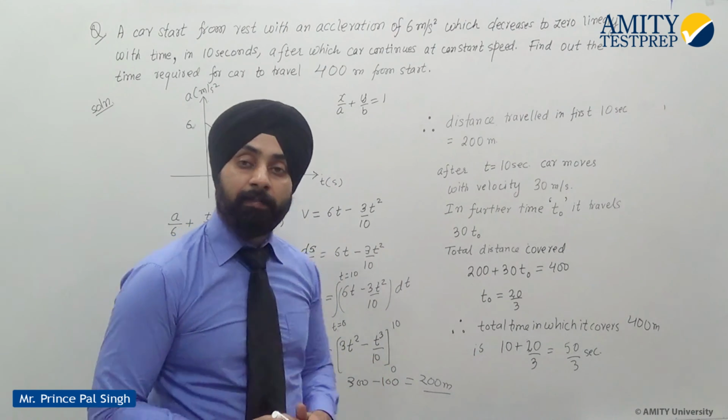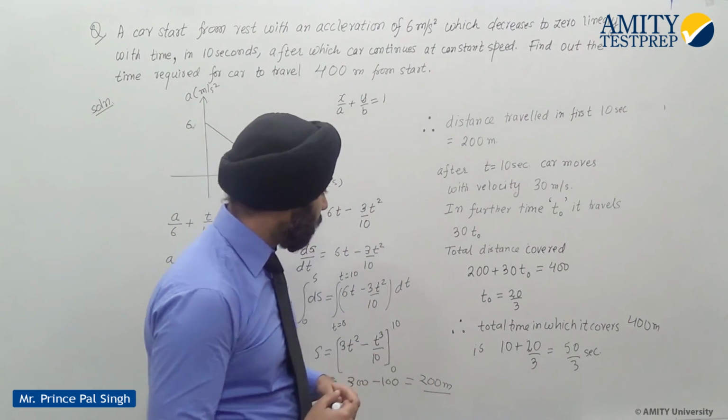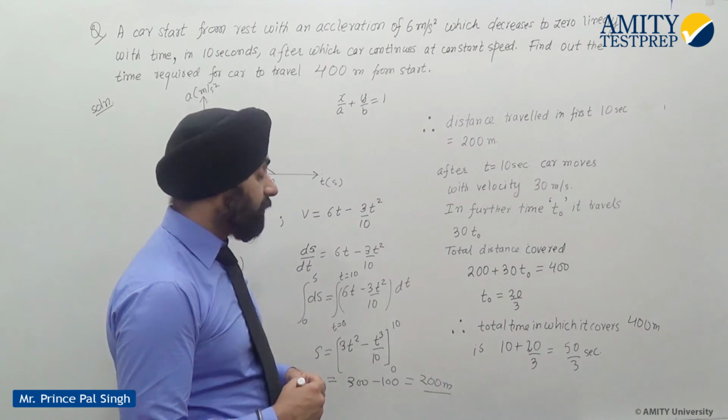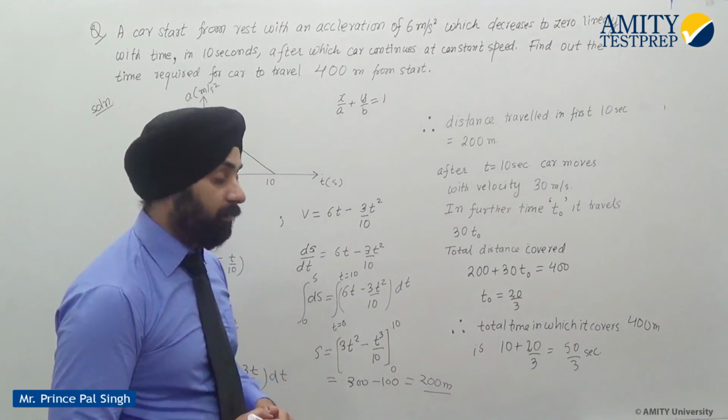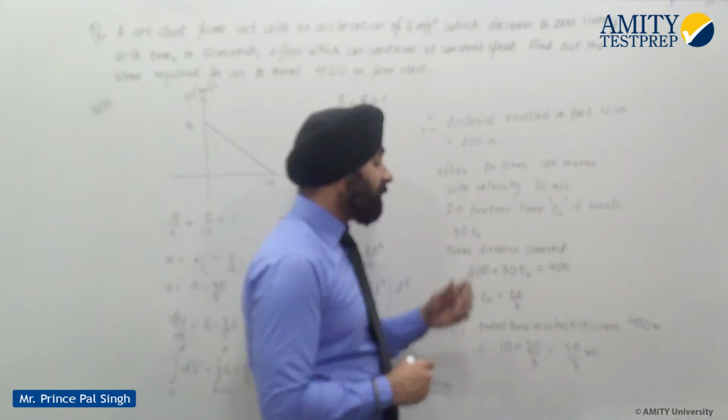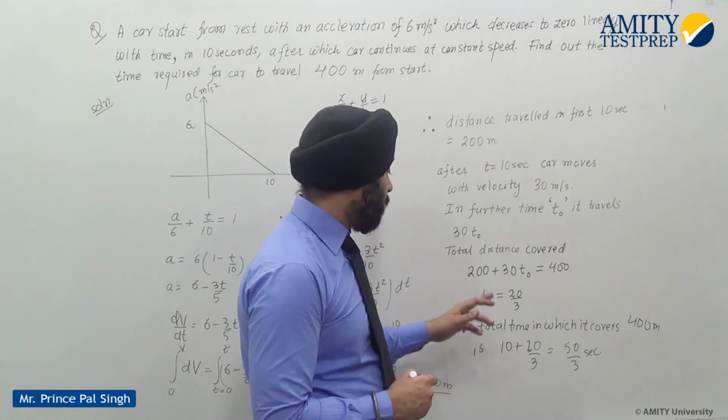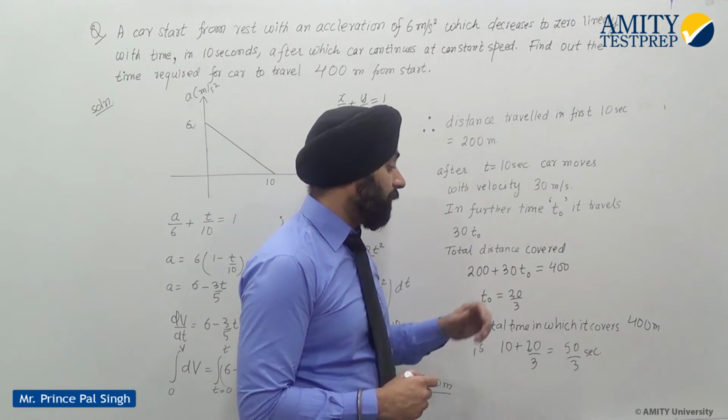The total distance covered by the car is 200, which it has travelled initially, plus the distance in the further time t naught, that is 30 t naught. This is the total distance travelled.